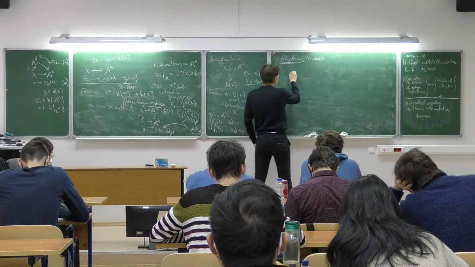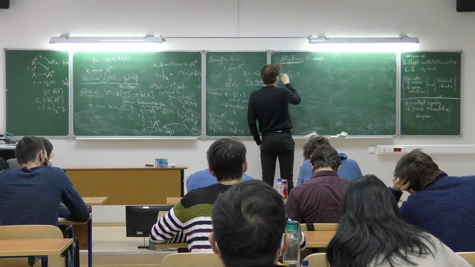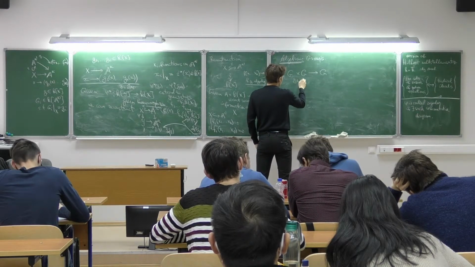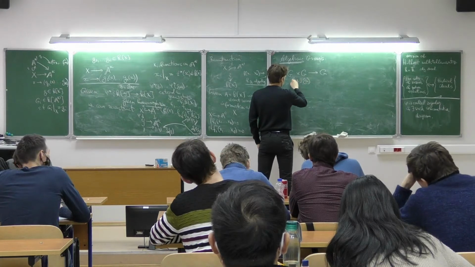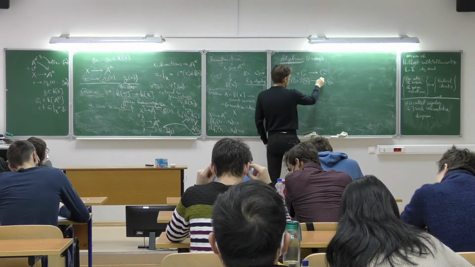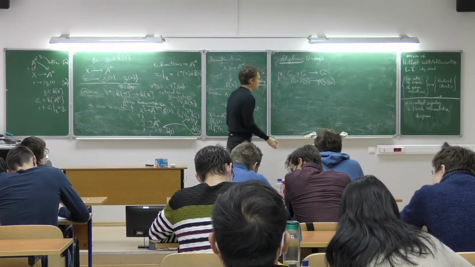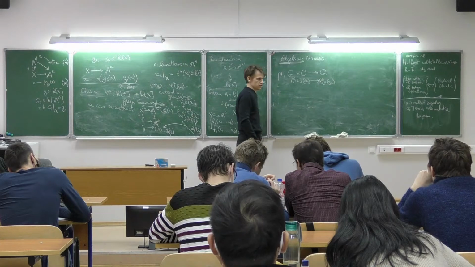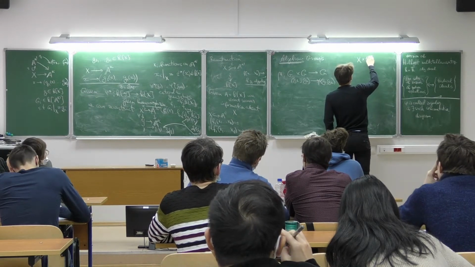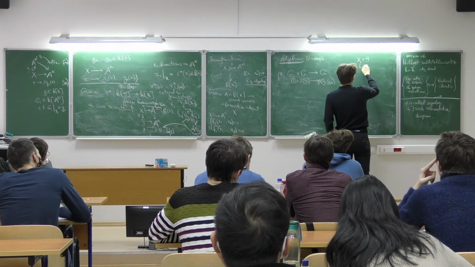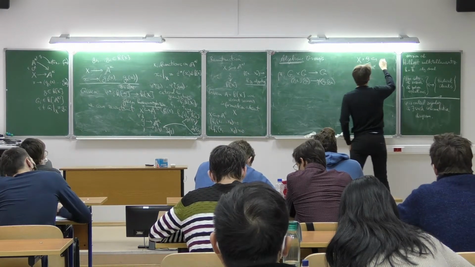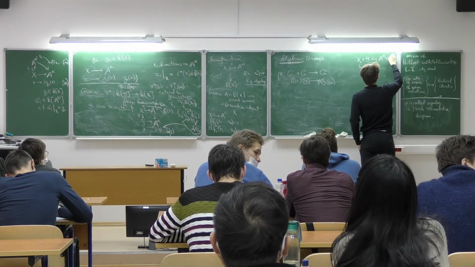And what maps do we have? We have the product, the multiplication map mu, that can be viewed as a map from the product G1 times G2 to the group G. Notice that if you have two affine varieties, X embedded in some A^n and Y embedded in some A^m, then you can embed X times Y in A^m times A^n.